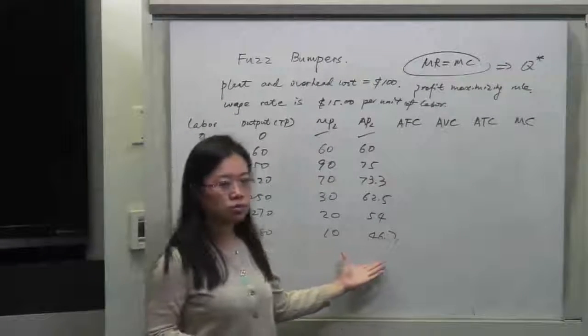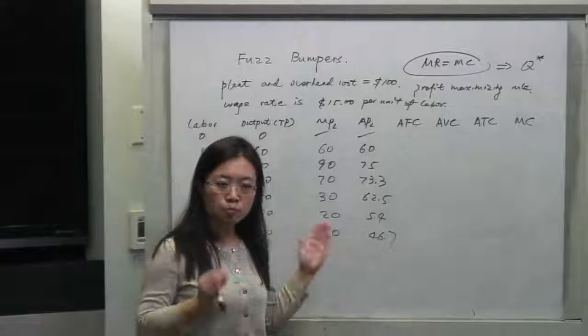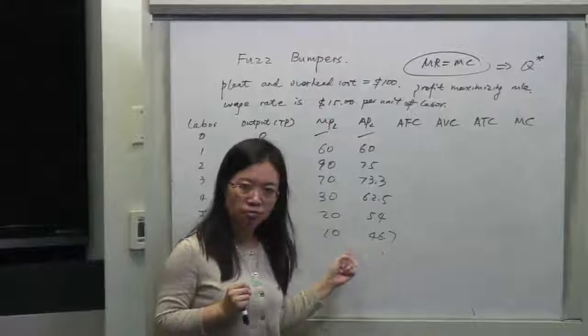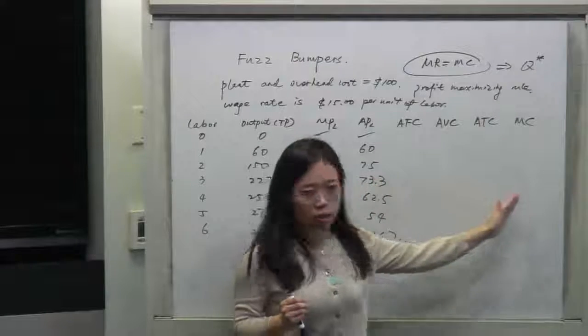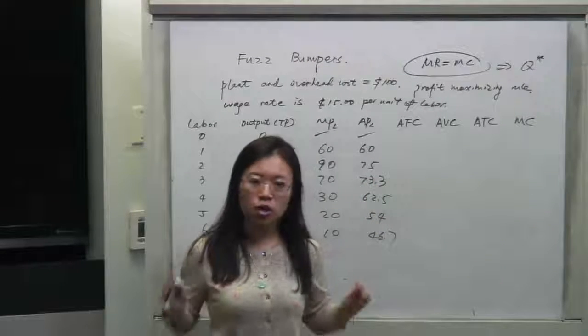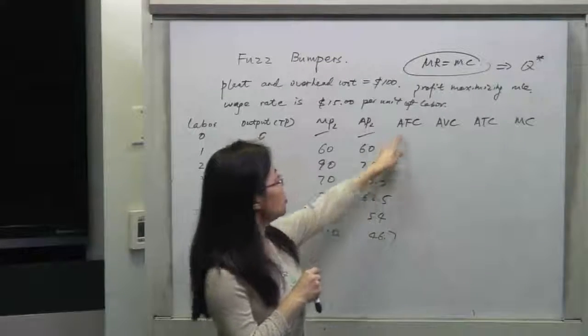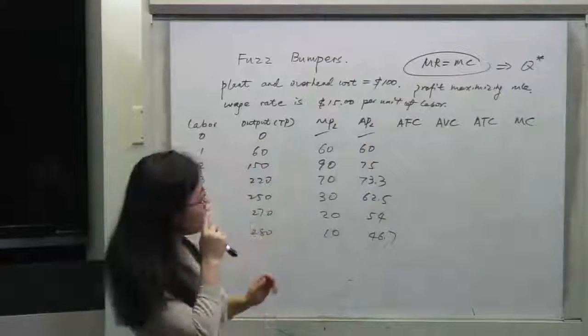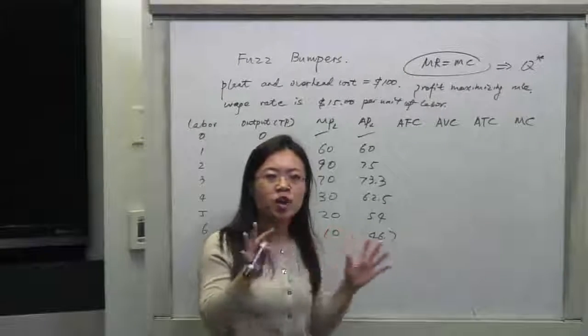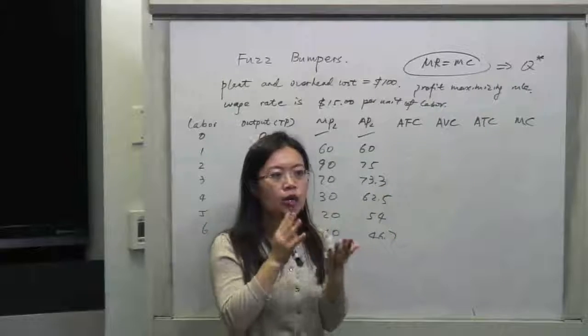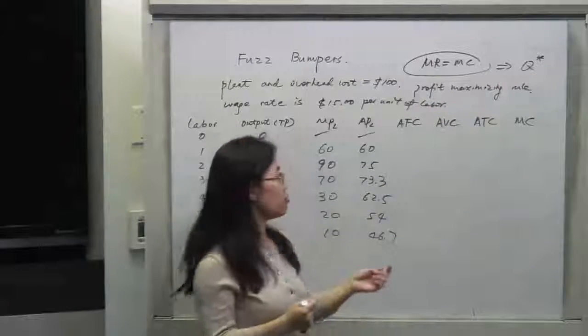So these two columns deal with the production function. That's what you learned from chapter 7. The rest of the columns deal with the cost function, which we will learn in this chapter. So again, how do we find those? You really don't have to memorize the formula. If you remember those names and look at them, it's very intuitive.